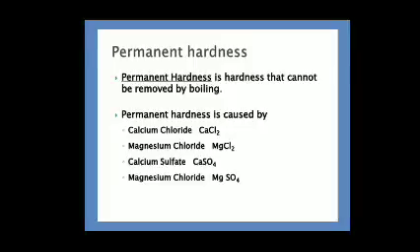Sodium aluminum orthosilicate is called permutit. What is zeolite? Aluminum orthosilicate, Al2Si2O8, is called zeolite. The zeolite with sodium atoms is called permutit.